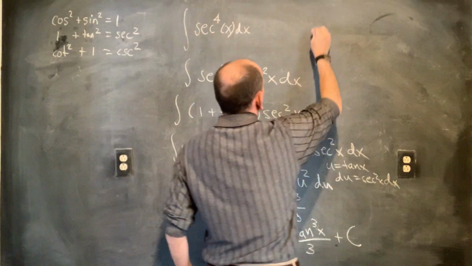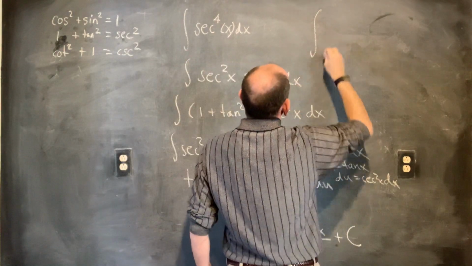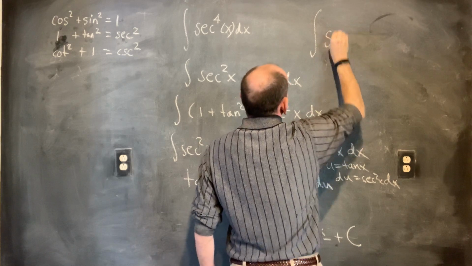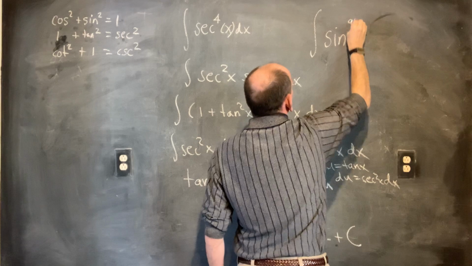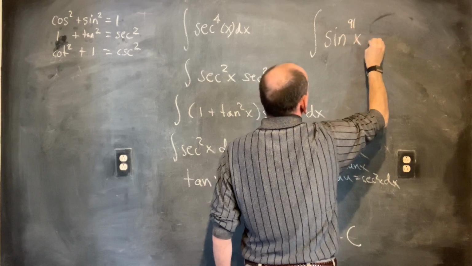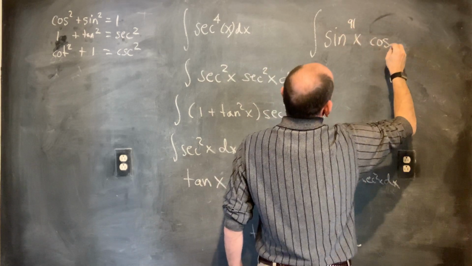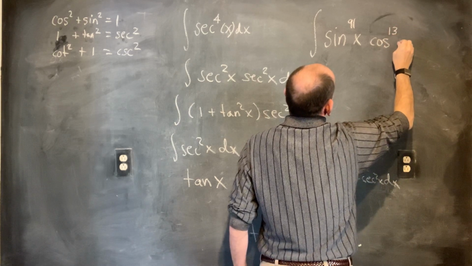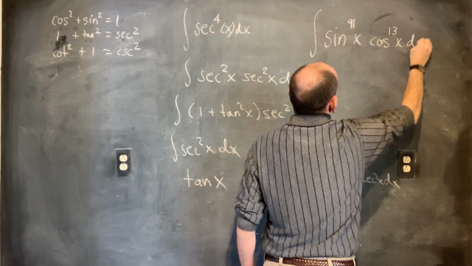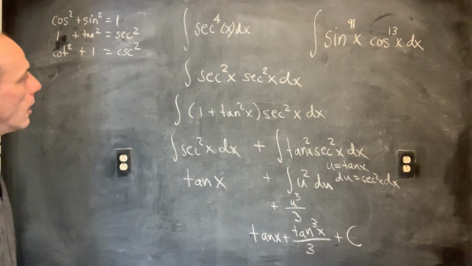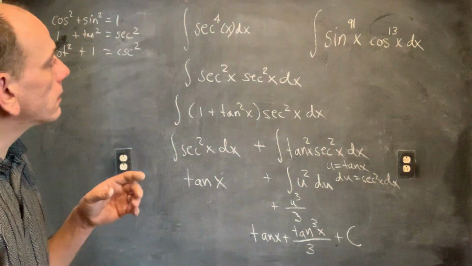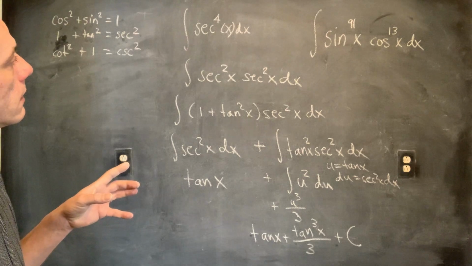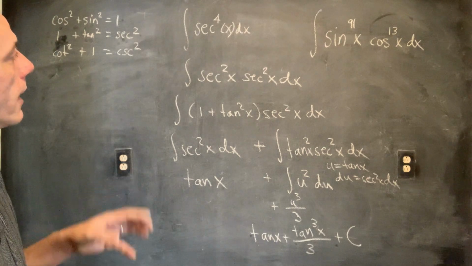Let's say if I had something like, just as a quick example, sine to the 91 of x cosine to the 13th of x dx. Let's see, did I screw myself up by doing that? I think I screwed myself up.